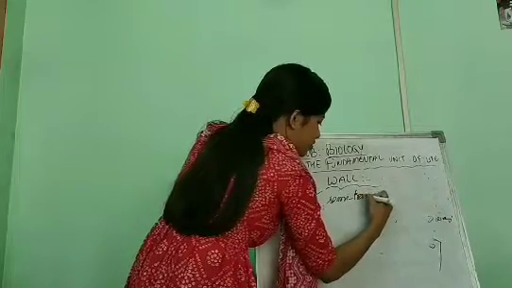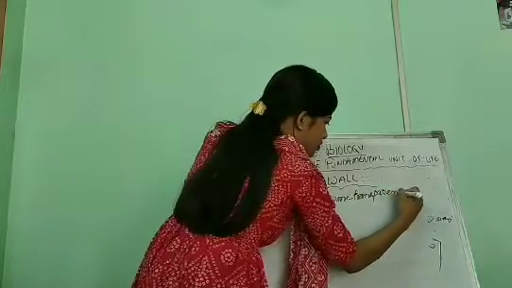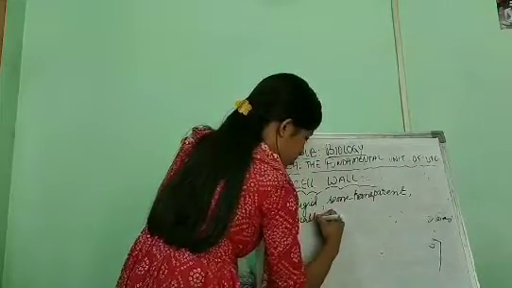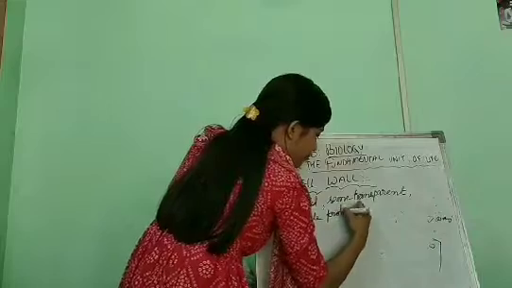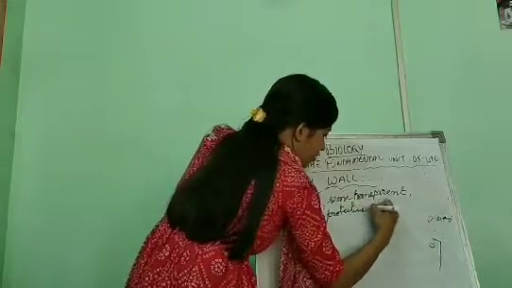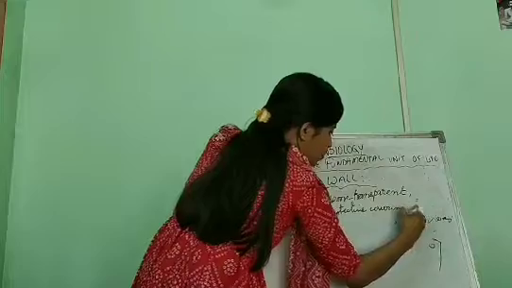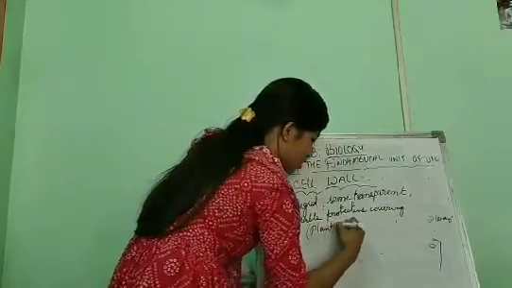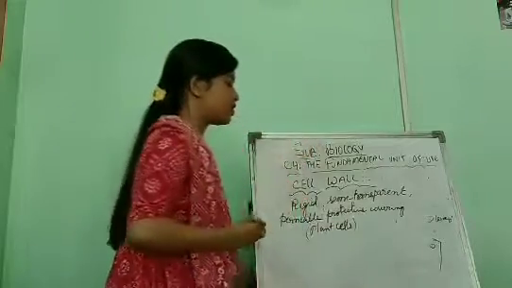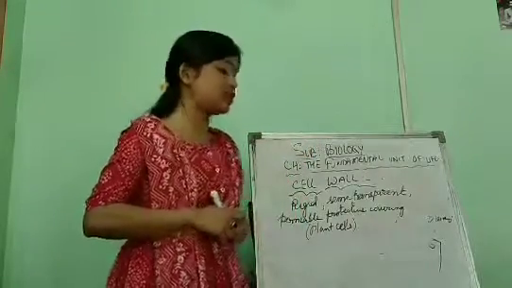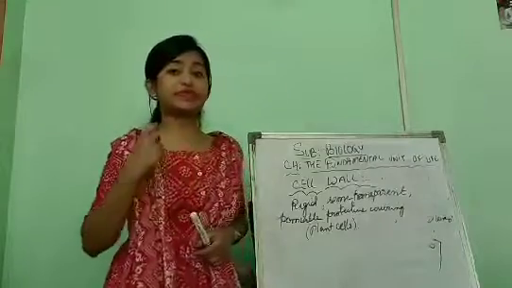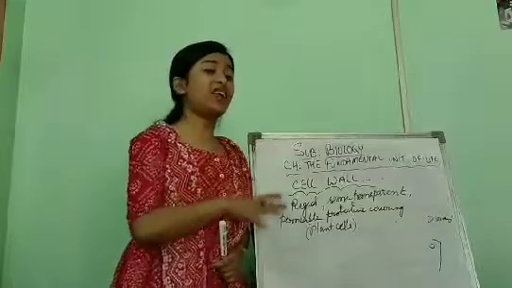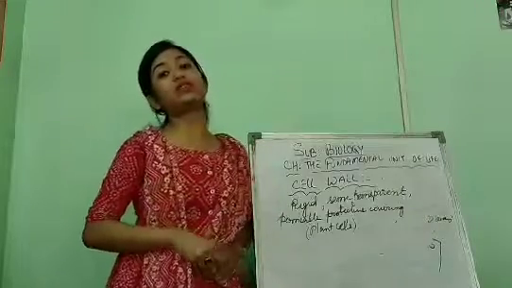Cell wall is a rigid, semi-transparent, permeable, protective covering which is present specifically in plant cells. Cell wall is absent in case of animal cell.